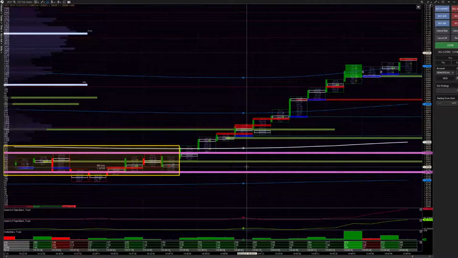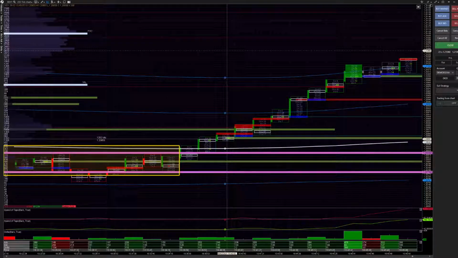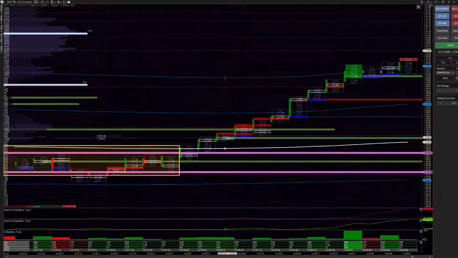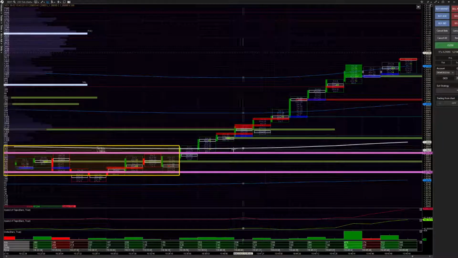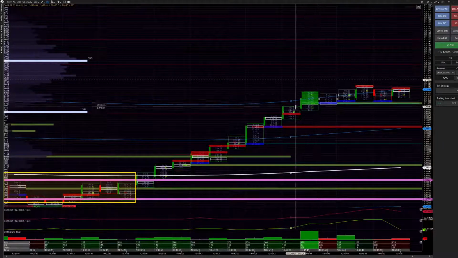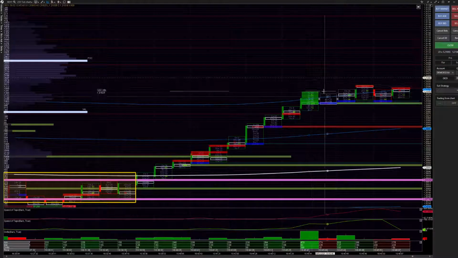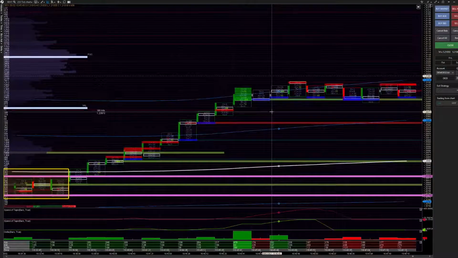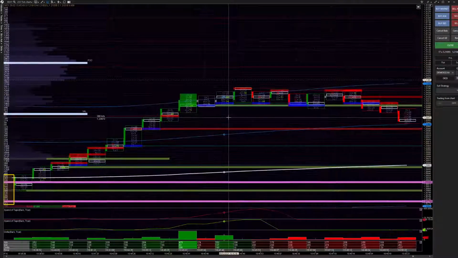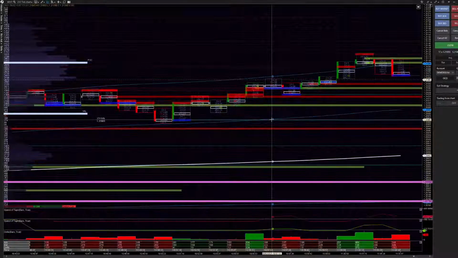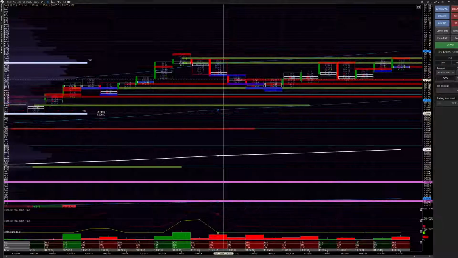So it's an indication that the buyers in this case are being very, very aggressive in these prices when we see these green lines. And you can see here at the top a huge volume that was purchased at that time, and another imbalance with 185 lots, and that keeps the price above that imbalance.